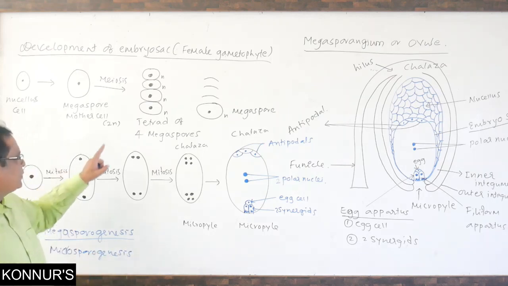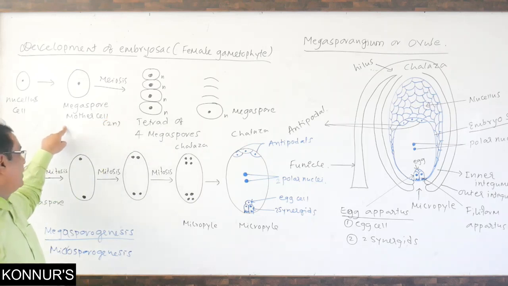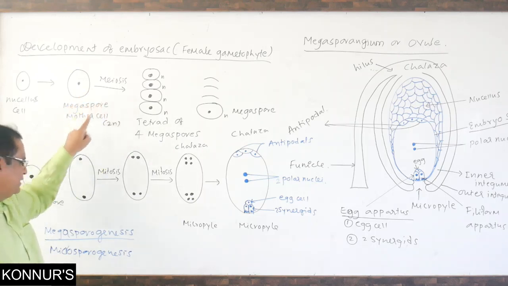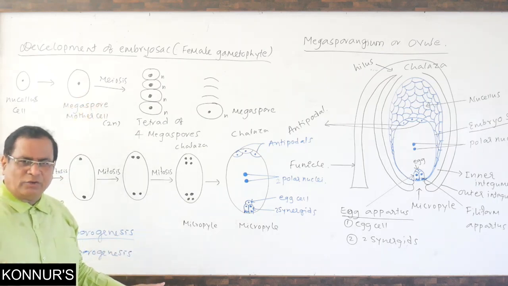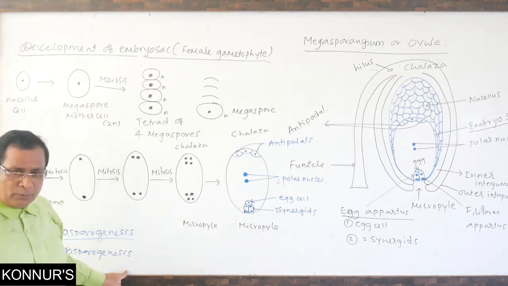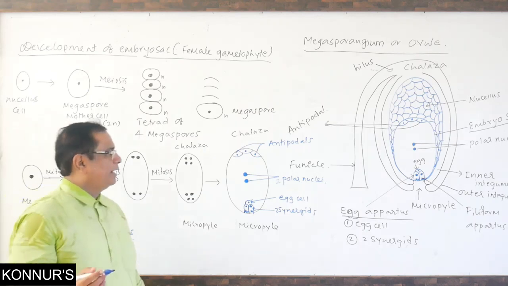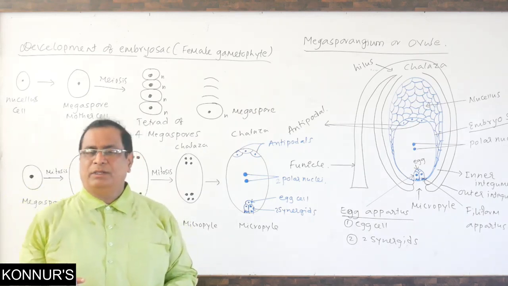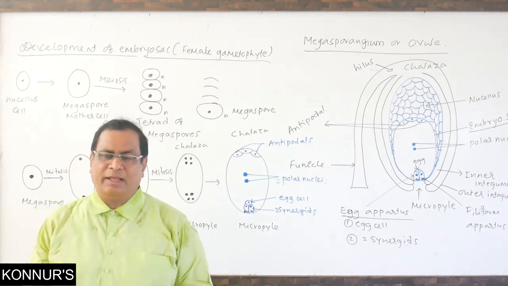And formation of haploid megaspores from diploid megaspore mother cell by meiosis is named as megasporogenesis. Formation of haploid microspores from diploid microspore mother cells by meiosis is named as microsporogenesis. And this is about the structures and explanation concerned to a female gametophyte.